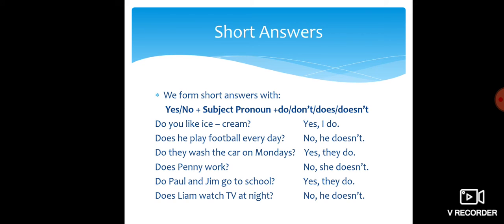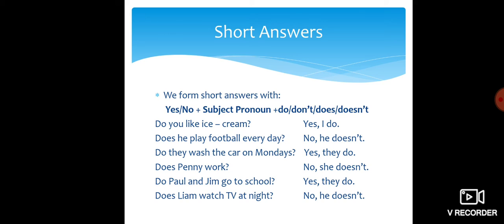To answer questions with do or does, we need to respect the following pattern. We form short answers with yes or no, plus subject pronoun, plus do or don't, or does or doesn't.